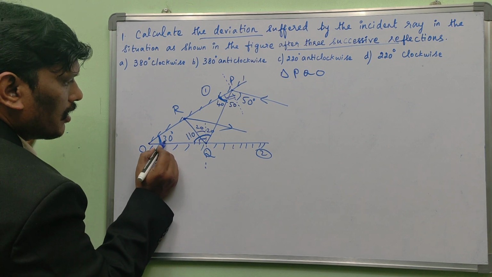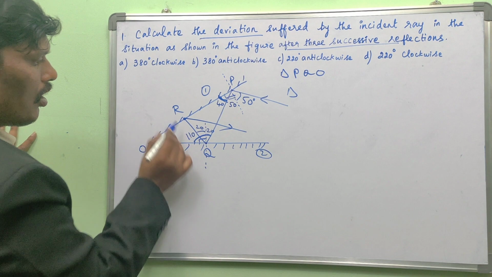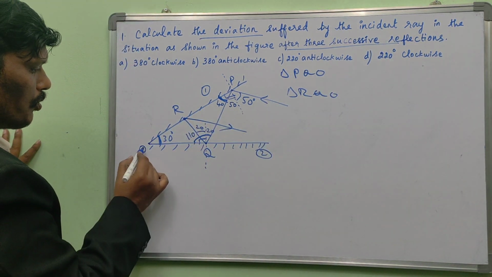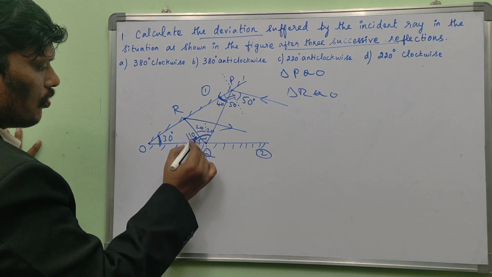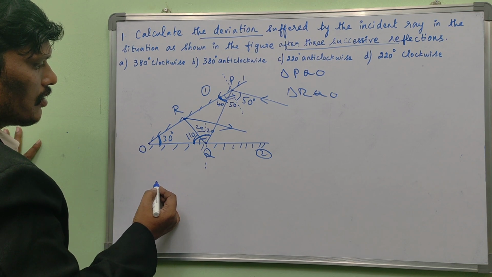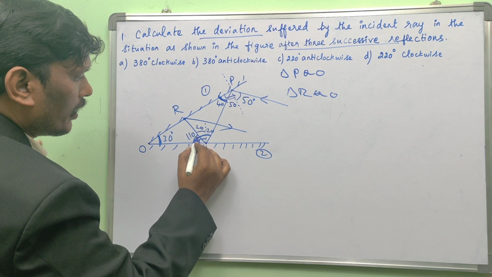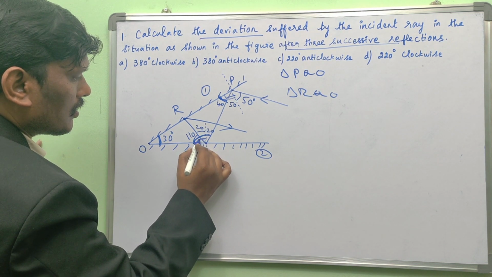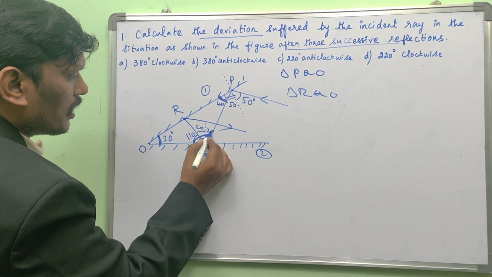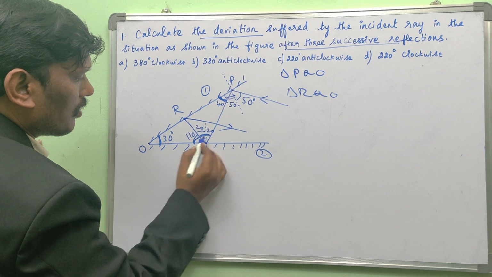Now this is 30 in triangle RQO. What about this angle alone? Can you guess? The total angle is 110, this is 90, I said. What about this angle alone? This is 20, this is 20, that is 40. So subtract the 40 degrees from the 110.